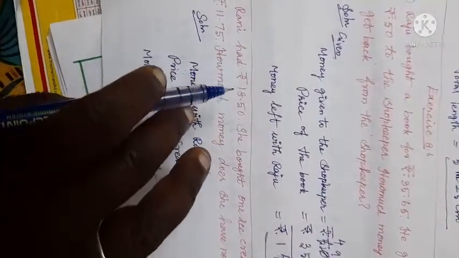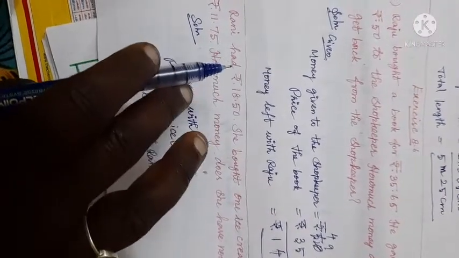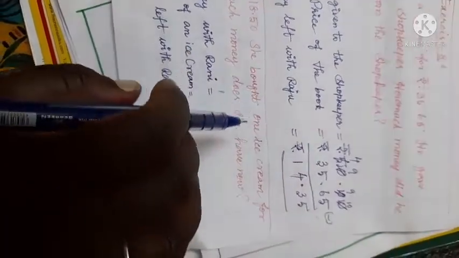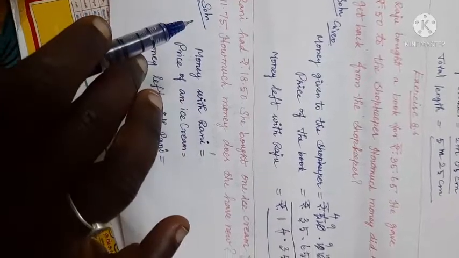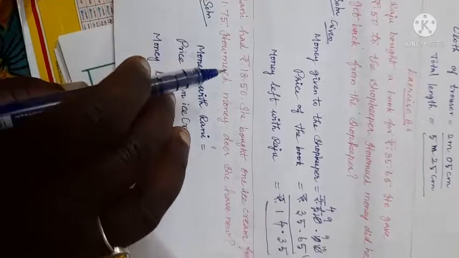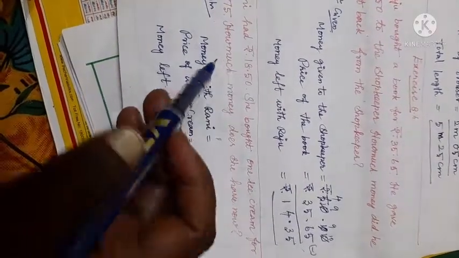Rani had rupees 18.50. Rani is having the amount rupees 18.50. She bought one ice cream for 11 rupees 75 paise. How much money does she have now? What is the remaining amount she will have?